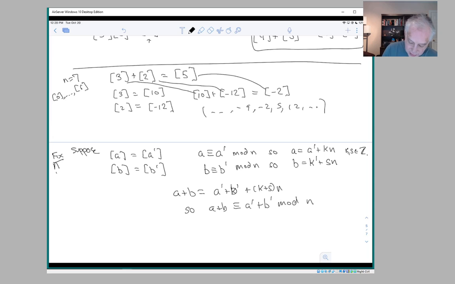And therefore, whether you use A and B to compute A plus B, or you use A prime and B prime to compute A prime plus B prime, even though the answers may look different, they're actually the same. And so in this way, the collection of equivalence classes of congruence mod n allows you to do addition and multiplication on them. And in this way, you get arithmetic mod n in a very abstract and natural way.